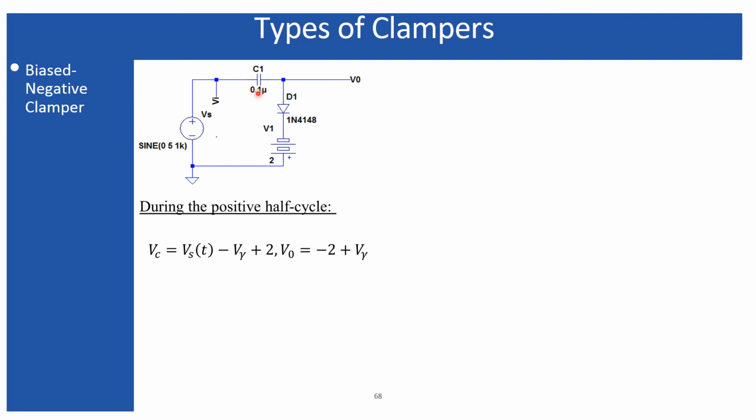So first, I have to find out the amount of charge the capacitor is going to hold, and then for the next half cycle, that charge will be added with the input, and that is the clamping operation. So basically, clamping means that the voltage across the capacitor is going to be added to the input. So that is the clamping operation.